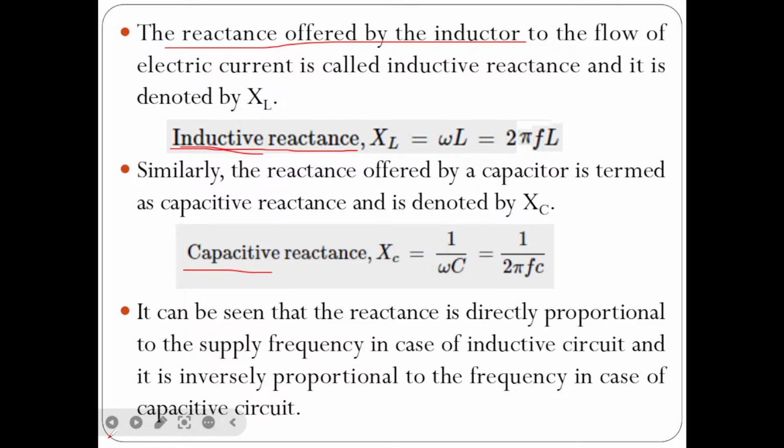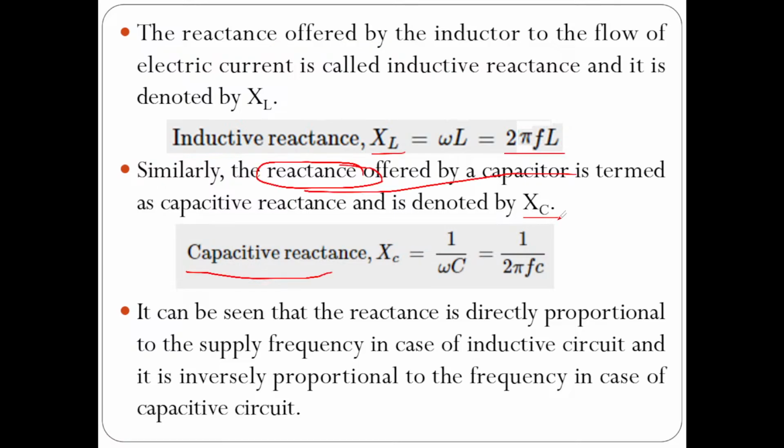Okay, now if there is only a capacitor in the given circuit, it will also offer some reactance to any change in the current, so that change in the current is due to the capacitor. So you can denote this capacitive reactance by XC.